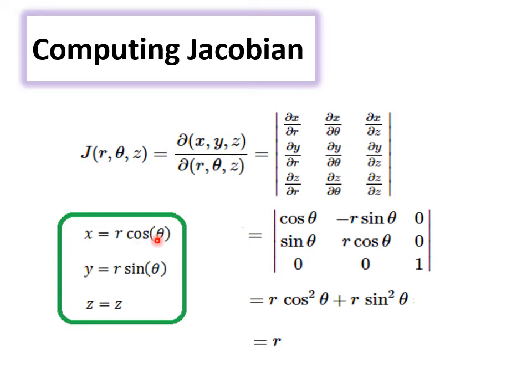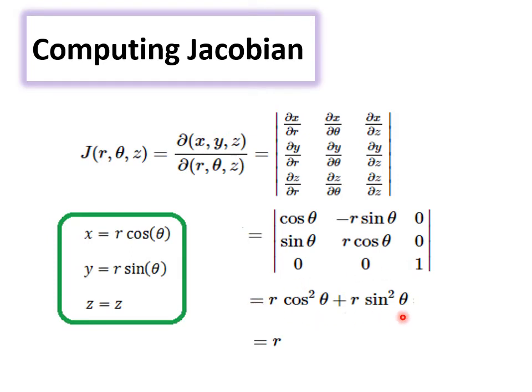There is no z term. For y, dou y by dou r is sin theta, dou y by dou theta is r cos theta. There is no z term, so 0. For z equal to z, change in z with respect to r is 0, change in z with respect to theta is 0, change in z with respect to z is 1.